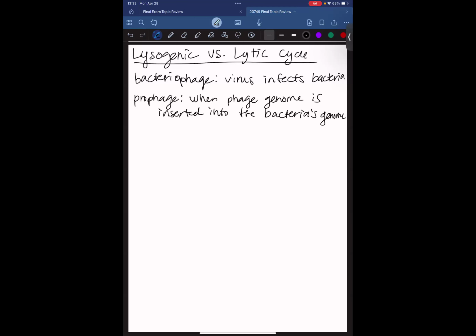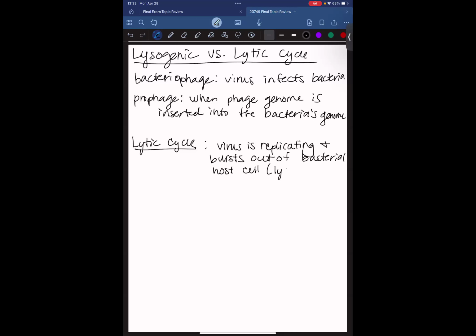All right. So the lytic cycle happens whenever the virus is replicating, making new virion particles, and it bursts out of the bacterial host cell. That's a process called lysis.